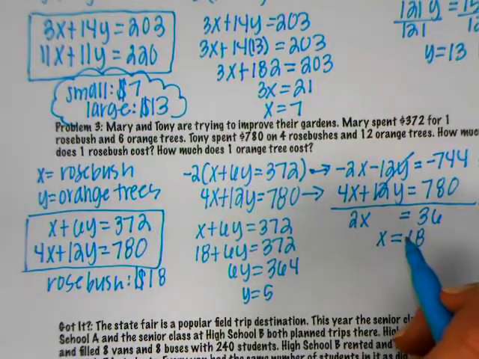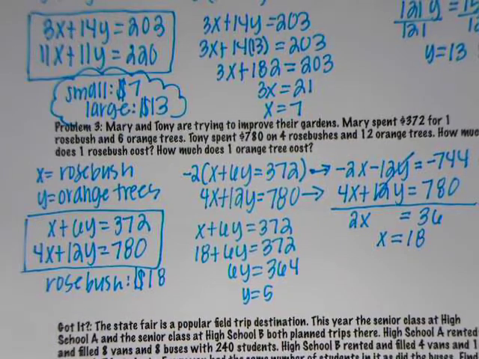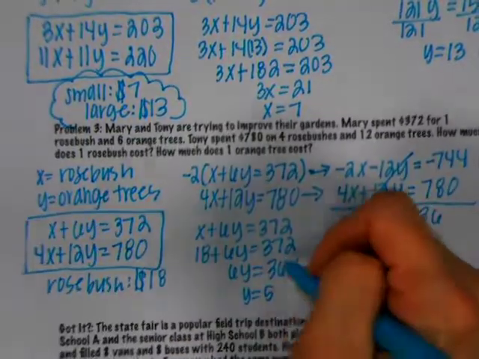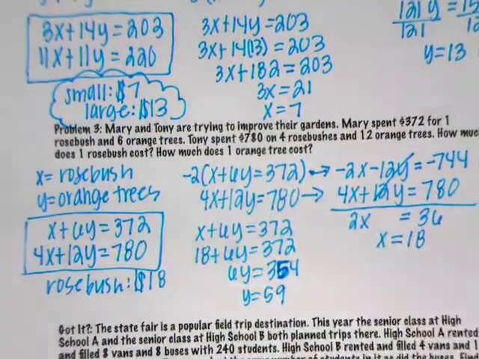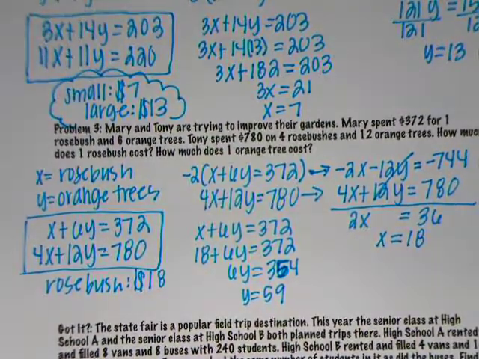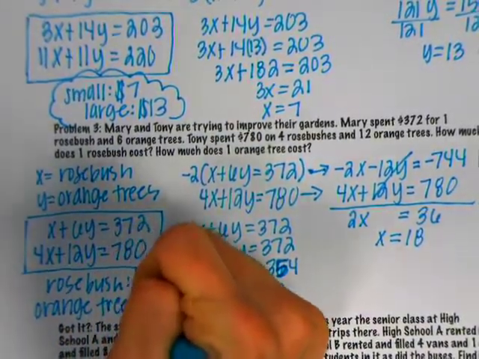I did it 2 times on my calculator, and it varies. Oh, I see what you're saying. 354, right here. Okay, got it. And then 59 here, right? Okay. So an orange tree costs $59.